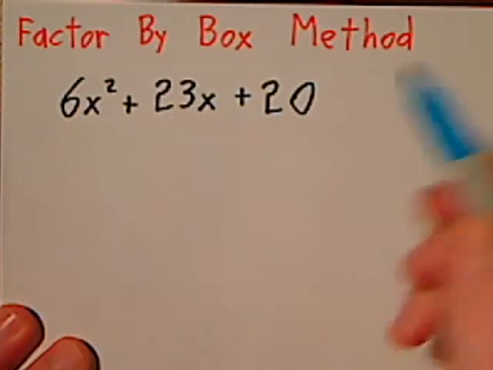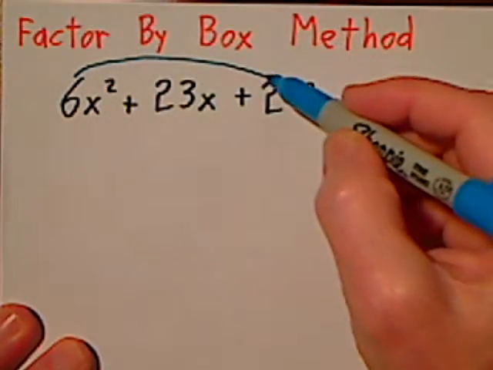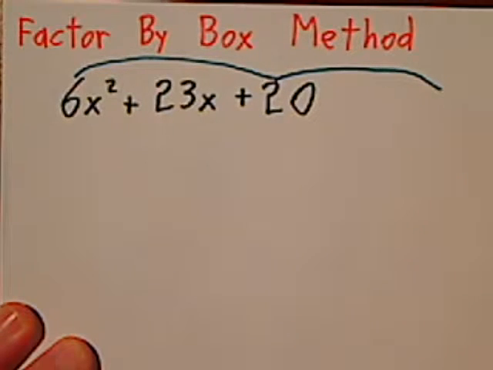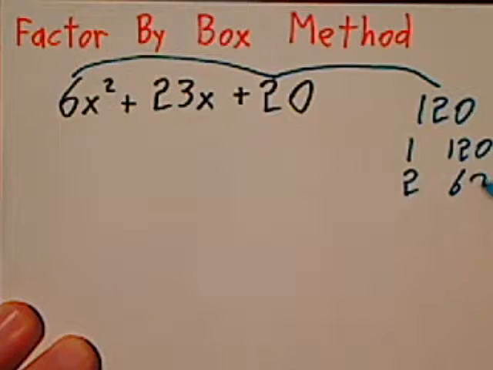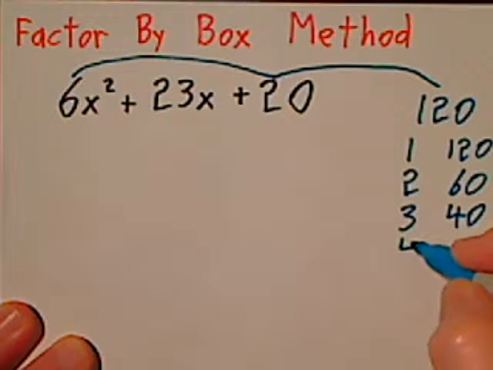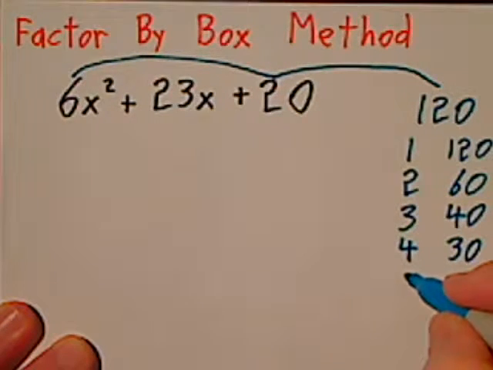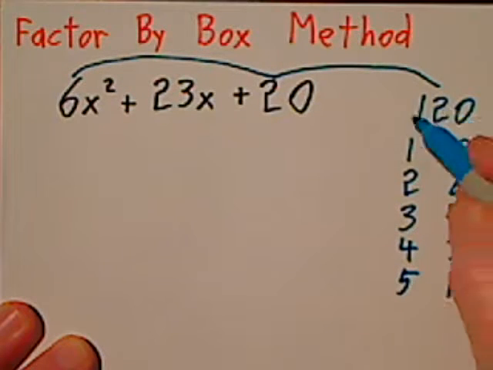In this case, we have a leading coefficient other than 1, so you multiply 6 times 20. That gives you 120. And you'll need to list all the factors of 120. So 1 times 120, 2 times 60, 3 goes into 12 4 times, so 3 times 40. 4, you double 2, cut 60 in half. 5 goes into 12... oh, darn. 5 goes into 12 twice.